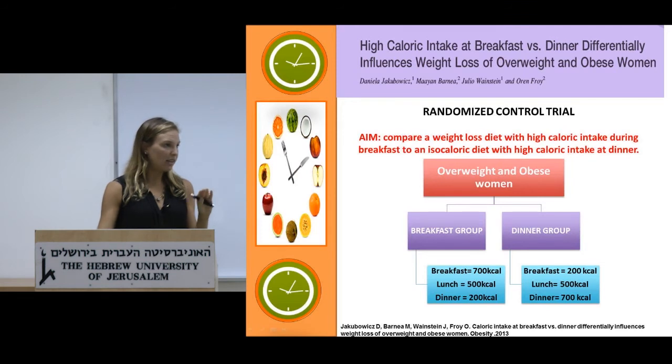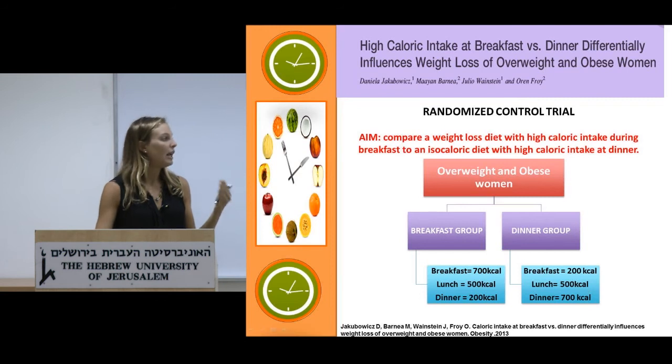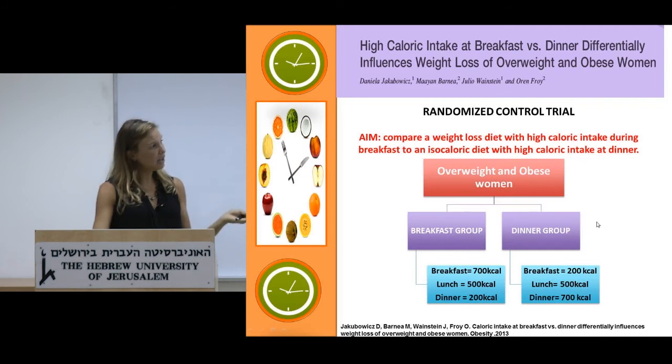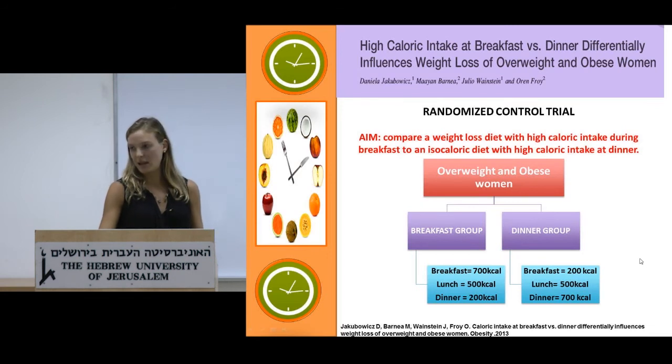And the only thing that changed is that in the breakfast group, the highest energy accounted for breakfast, for sure. Then for lunch, they had 500 calories, and dinner was very light, 200 calories. And for the dinner group, it was only backwards. The 700 calories were at dinner. However, lunch remained exactly the same, and as I told you, calories were the same.